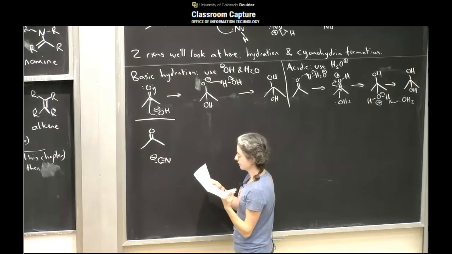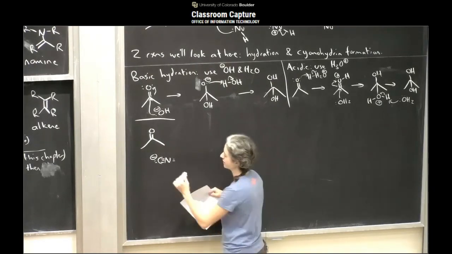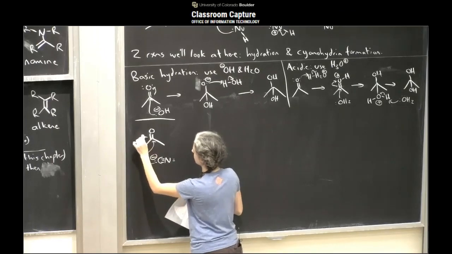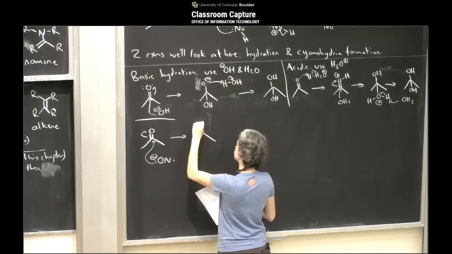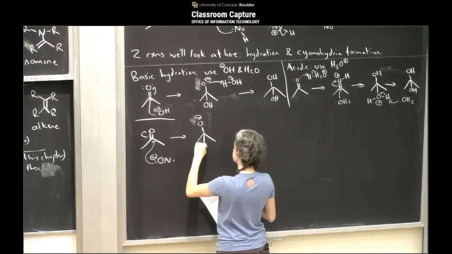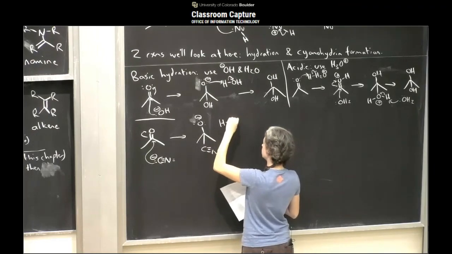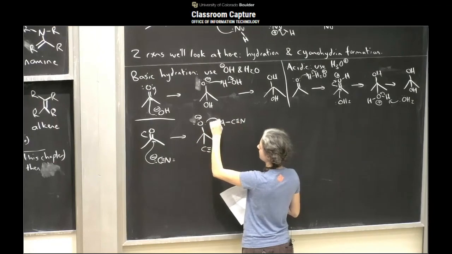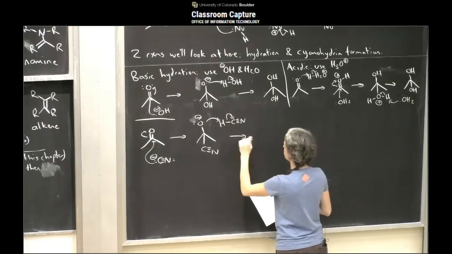This one has lone pairs on both the carbon and the nitrogen, but the negative charge is on carbon, so it's more nucleophilic there. So that just goes straight in for the attack. And then this can go pick up a proton from the equivalent acid, or the conjugate acid.